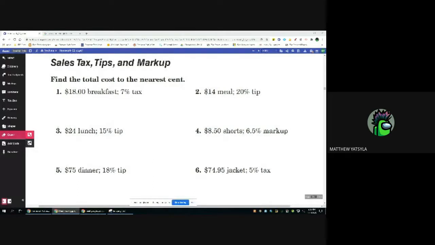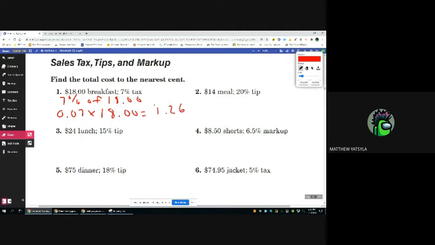We have one way, which we're doing for number one here. $18 breakfast with 7% tax. So option one is to find 7% of $18. So I would do 0.07 times $18, which would get me $1.26.